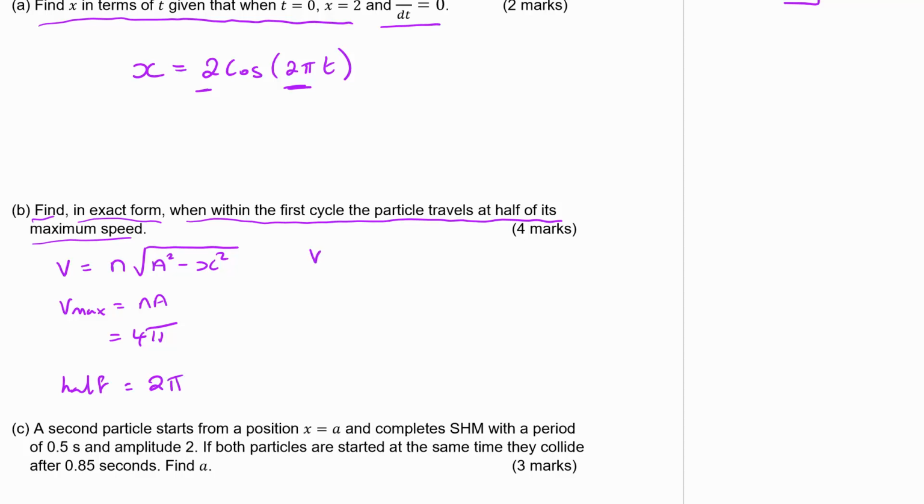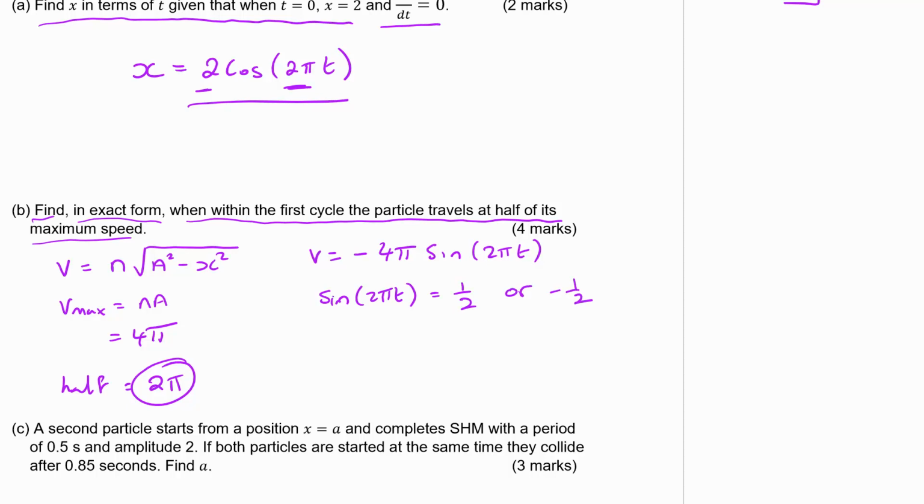So v from here is going to be -4π sin 2πt. Because half is 2π, we're interested in where sin 2πt is equal to a half or negative a half.